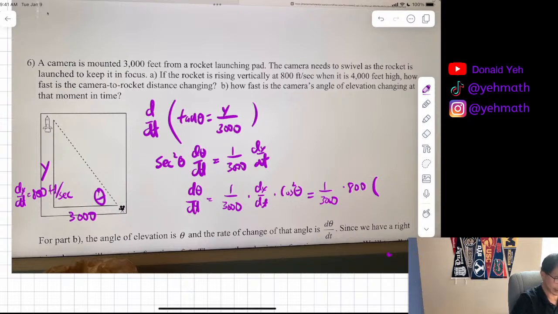And cosine squared theta comes from the 3-4-5 triangle. So this is 4000 and this is 5000.